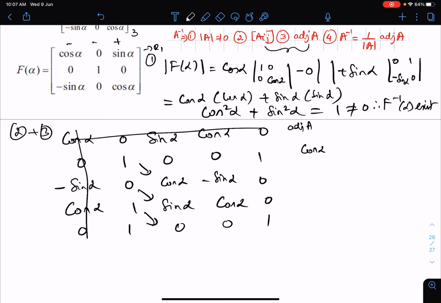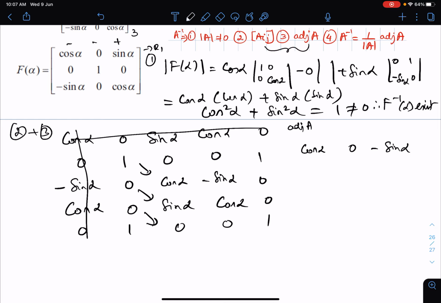Now cos alpha 0 minus sin alpha 0 1 0. Here it is 0, isn't it? So here I have done a mistake. It is 0 here. Cos alpha 0 sin alpha cos alpha 0, then 0 1 0 0 1. So your second element also you will get a 0, and the third one you will get a minus sin alpha.